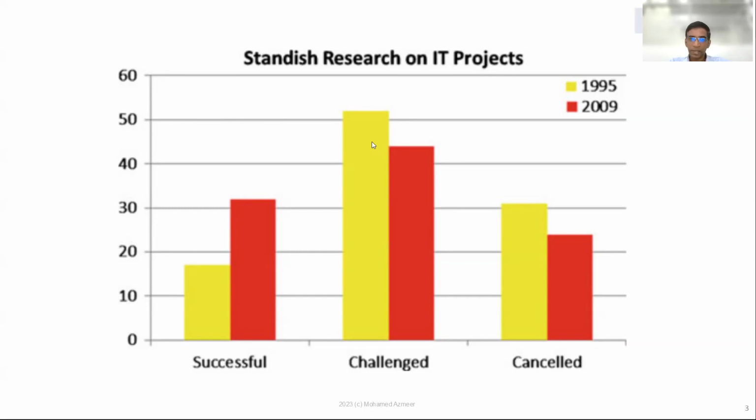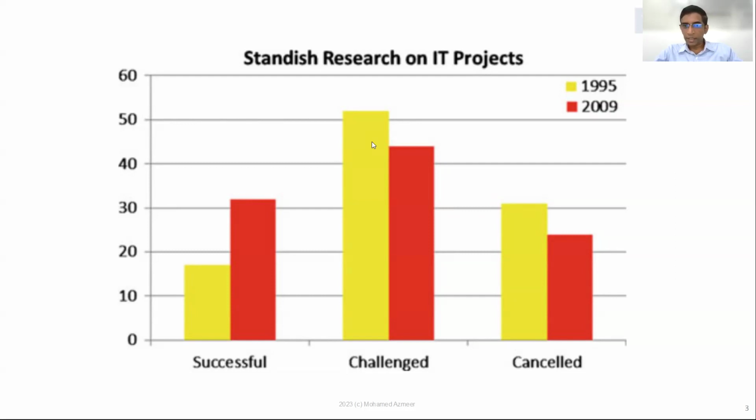Whereas challenged and cancelled: challenged means maybe it took longer than the actual time, or it spent more than the actual budget. So that's what is called challenged. In 1995 there was a massive amount challenged, more than 50, and more than 40 in 2009.